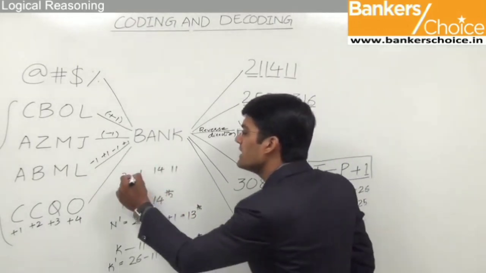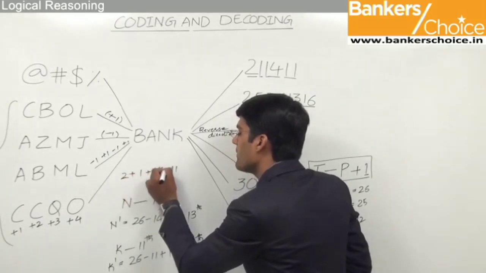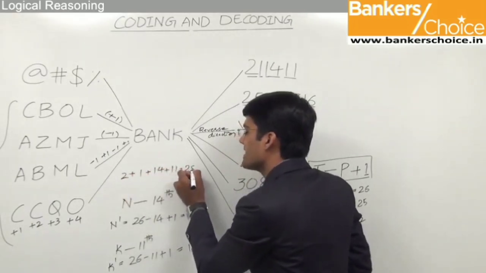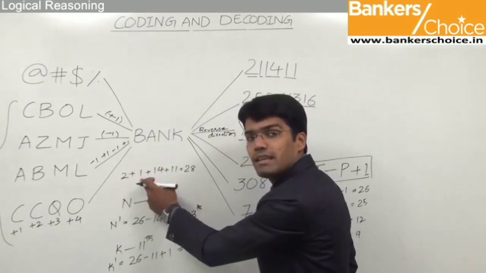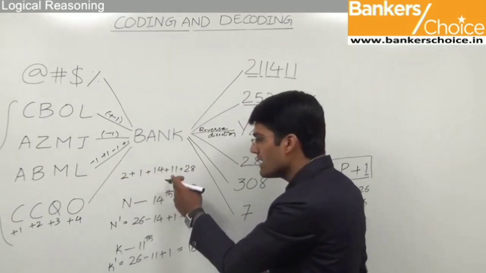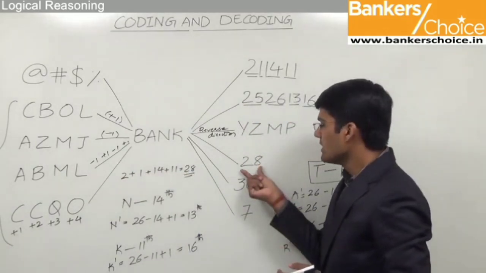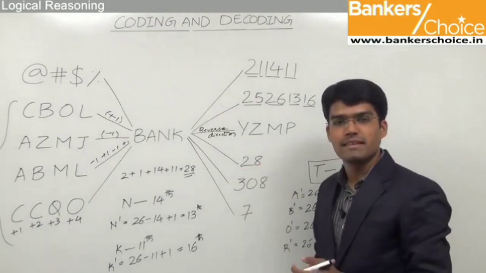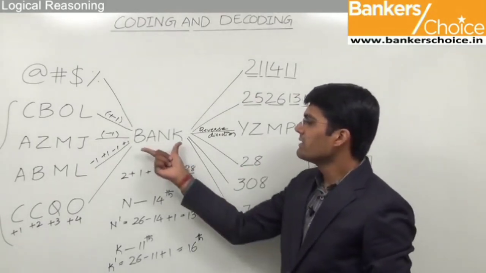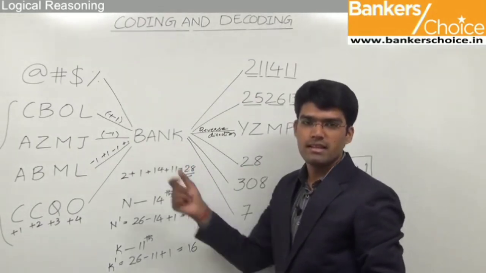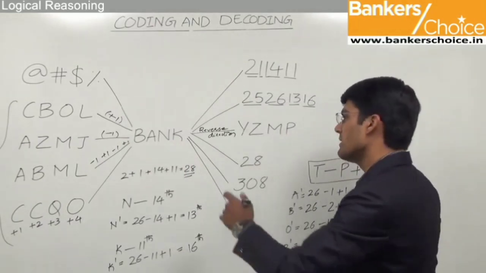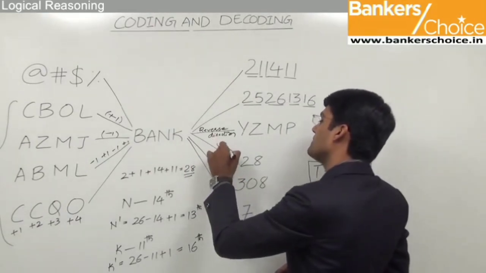If we add up all these positions, we come up with the result 28. 2 plus 1 is 3, plus 14 is 17, plus 11 is 28. And that's how the word bank has been coded in this case. That is simply the sum of the positions of these letters in the alphabetical order. So here the logic is sum of the positions.